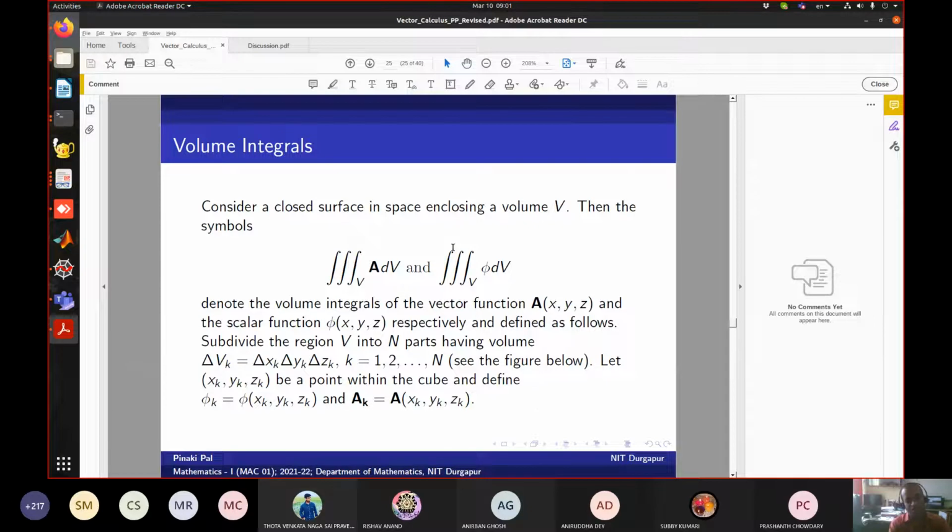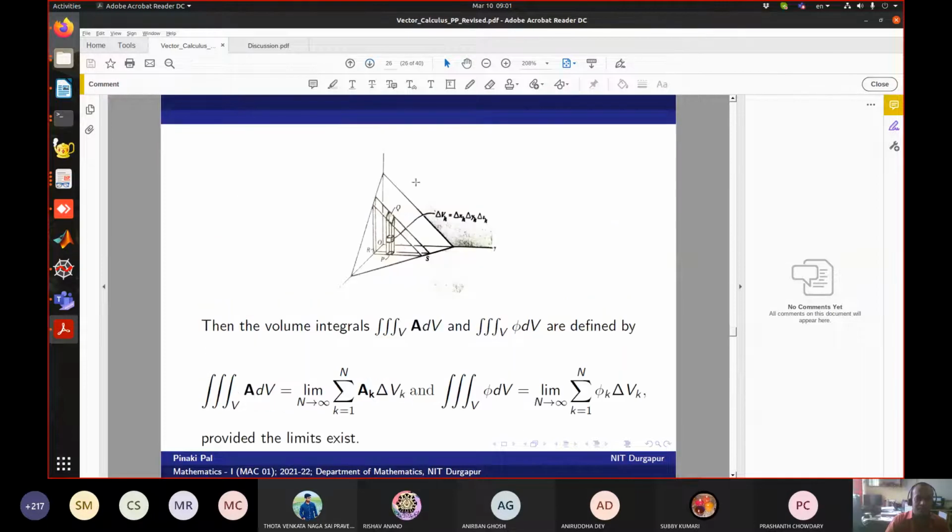The basic idea is similar. We will divide the region into finite parts, and a typical region is shown over here.